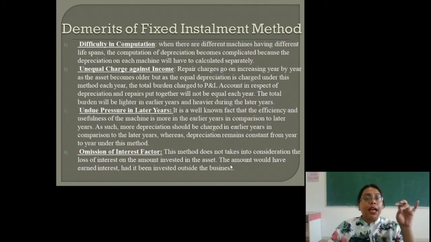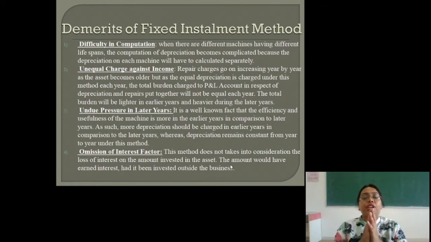Now next, unequal charge against income. Repair charges go on increasing year by year as the asset becomes older, but as equal depreciation is charged under this method, each year the total burden charged to the P&L account in respect of depreciation and repairs put together will not be equal each year.